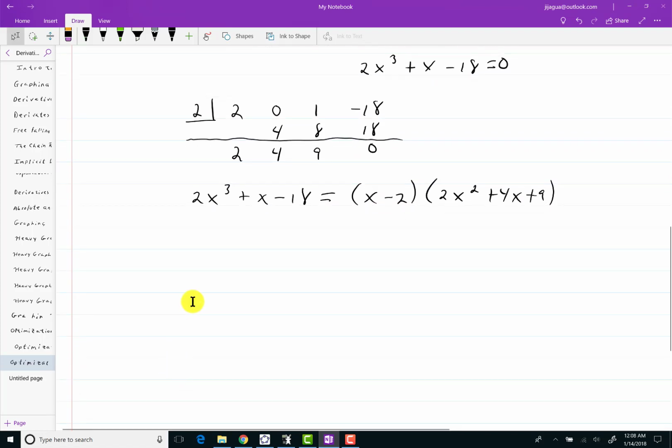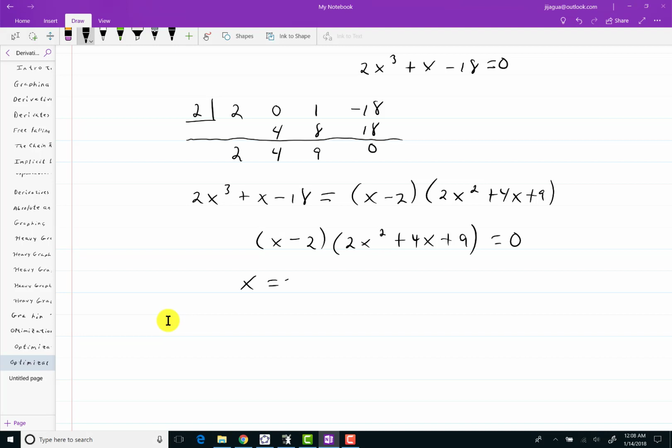So far what I had then is I set it equal to 0, x minus 2 times 2x squared plus 4x plus 9 equals 0. I already have x equals 2 as one of my answers. The rest of it I can get via this quadratic formula. So I'll have 2x squared plus 4x plus 9 equals 0.